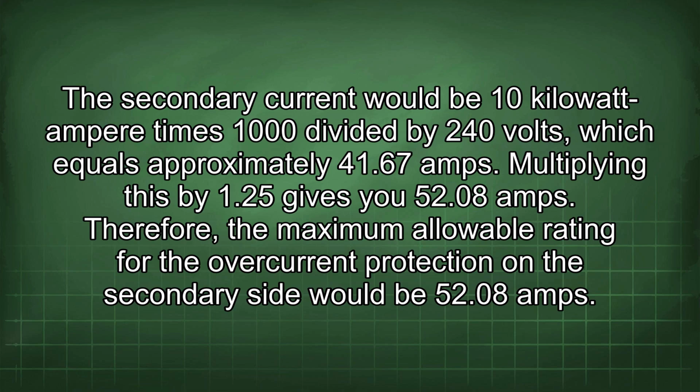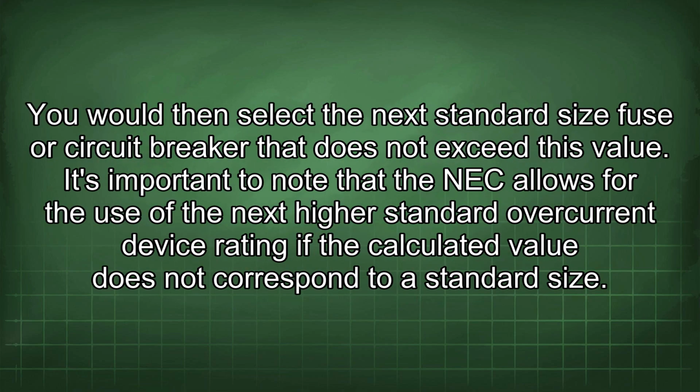The secondary current would be 10 kilovolt-amperes times 1000 divided by 240 volts, which equals approximately 41.67 amps. Multiplying this by 1.25 gives you 52.8 amps. Therefore, the maximum allowable rating for the overcurrent protection on the secondary side would be 52.8 amps. You would then select the next standard size fuse or circuit breaker that does not exceed this value.